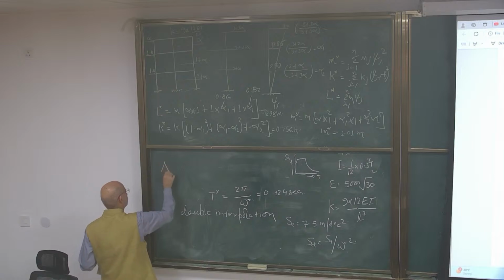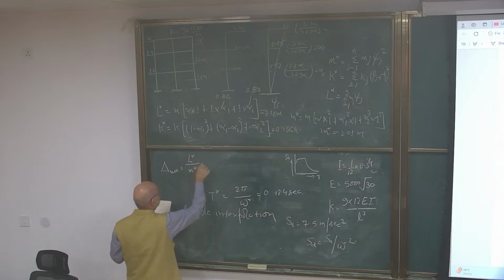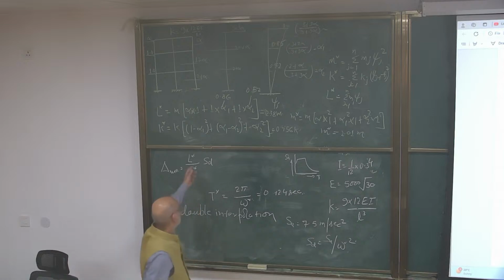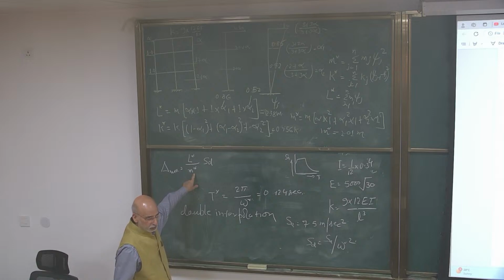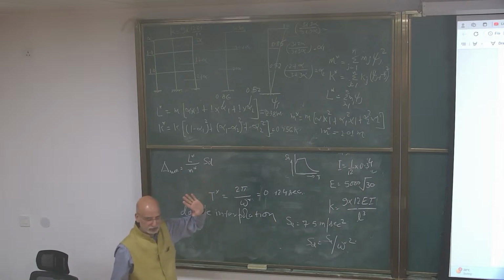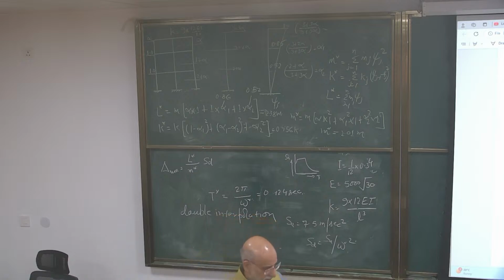And the maximum deformation you are going to get is this. You calculate mass participation, the normalized mass, and then pseudo displacement, or you call it actual displacement. Displacement remains the same in either case. Sometimes people wrongly call it pseudo, but it's a displacement only.